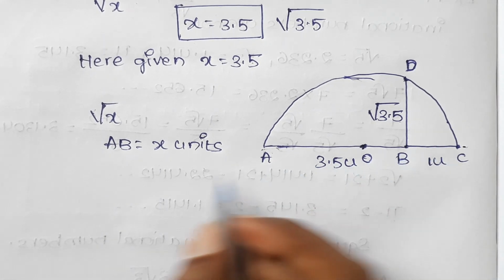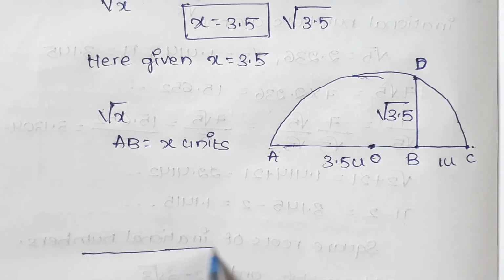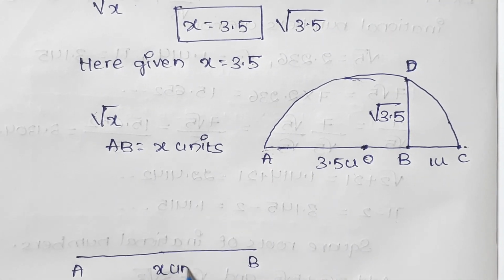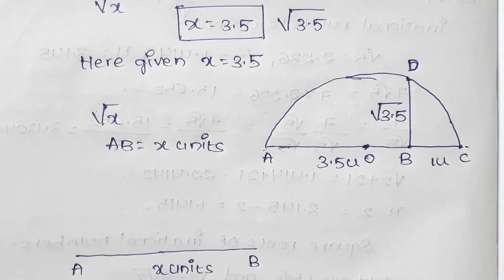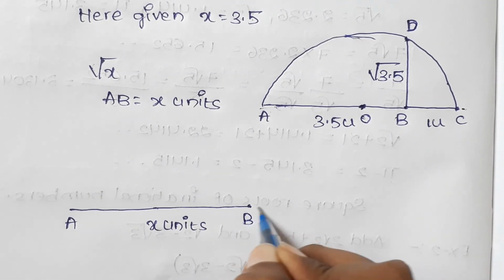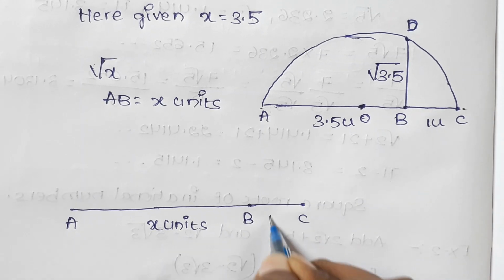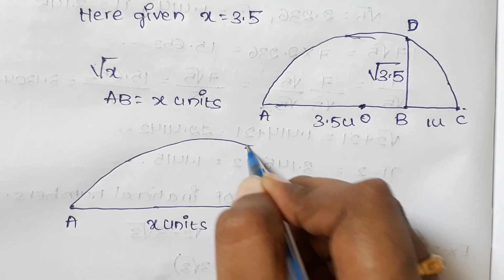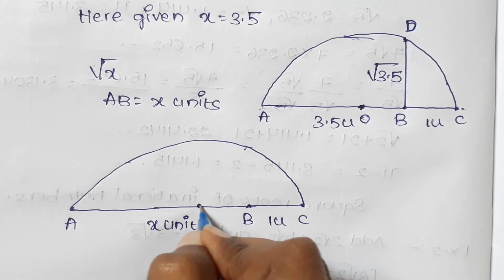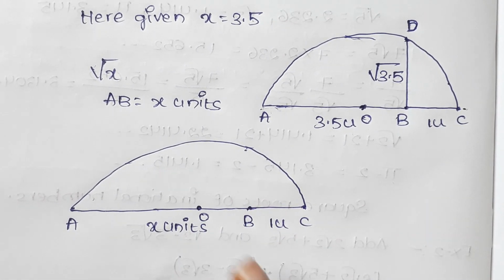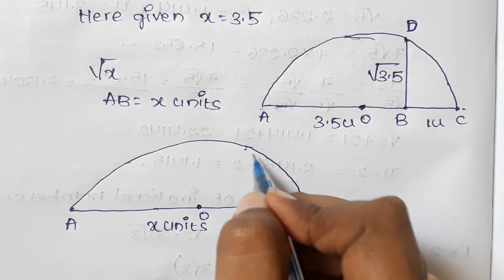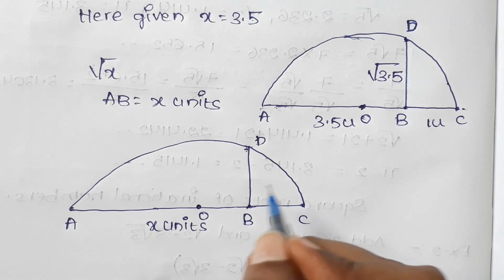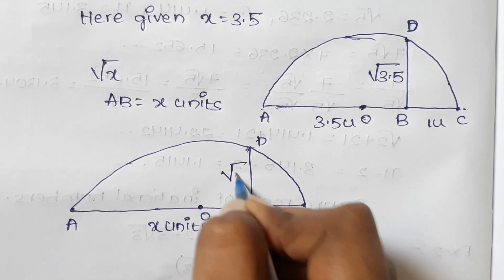Let us take a line A, B that is x units, and similar to above we should extend the line from B to C with 1 unit and draw the semicircle with center O and radius OC, and draw the perpendicular line BD, and it indicates root x.